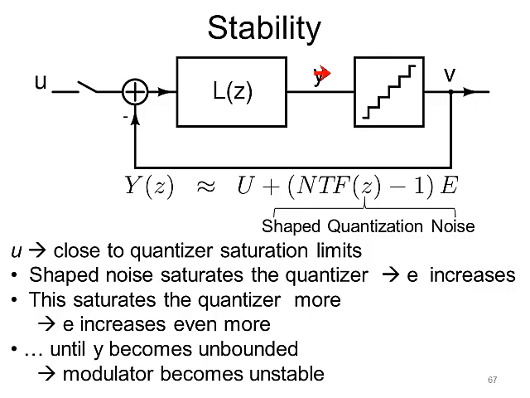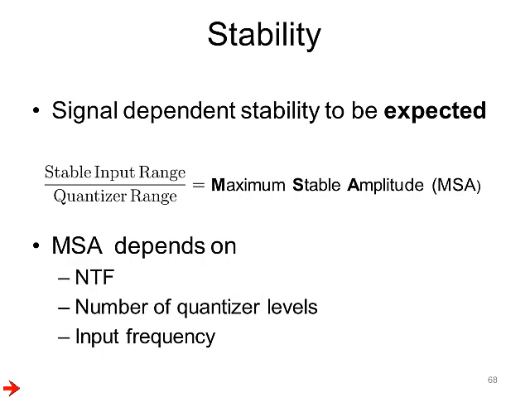So signal dependent stability is something to be expected when one has a nonlinear system in negative feedback like a delta sigma loop. The stable input range divided by the quantizer range is often referred to by the acronym MSA, which stands for the maximum stable amplitude. And as you can imagine, the maximum stable amplitude depends on many factors: the number of quantizer levels, the noise transfer function itself, and the input frequency.